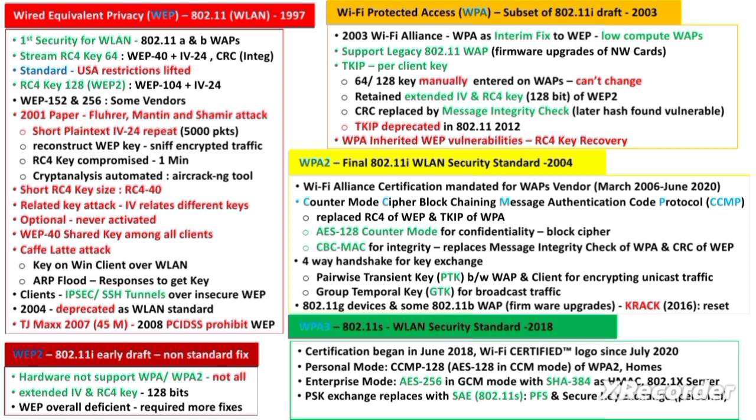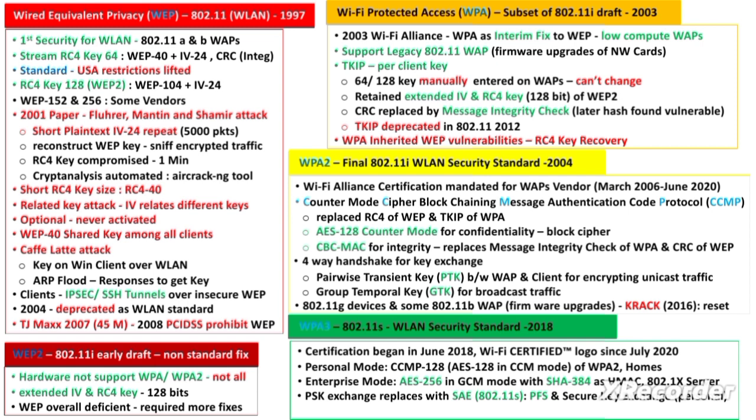Now the pre-shared key exchange was replaced with simultaneous authentication of equals. And this simultaneous authentication of equals also provided perfect forward secrecy. So this perfect forward secrecy ensures that no old keys or future keys are vulnerable if a key of a particular time is exposed to the hacker.